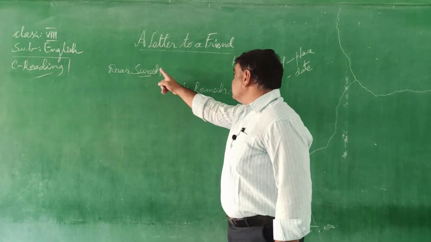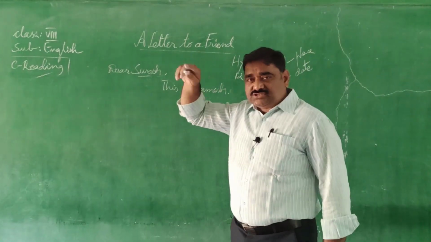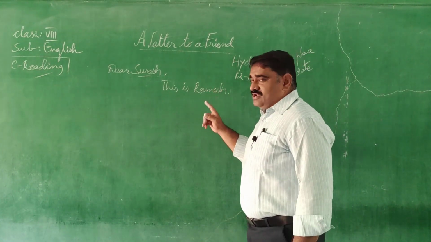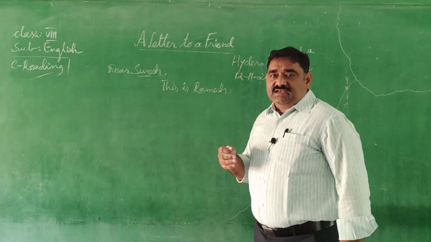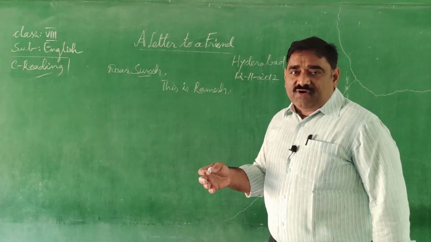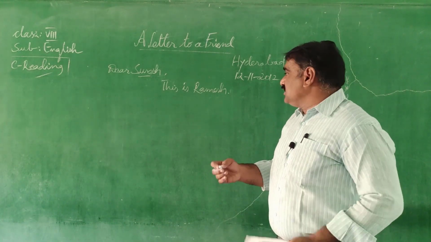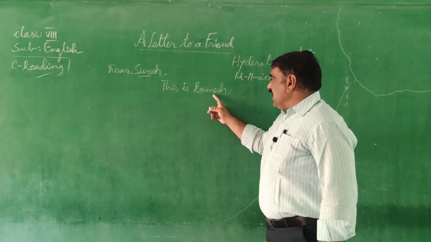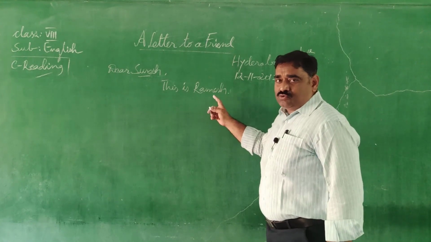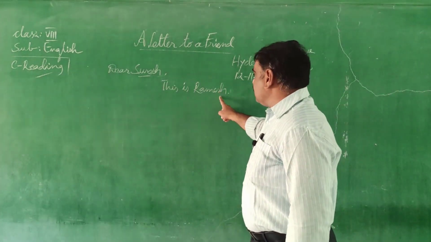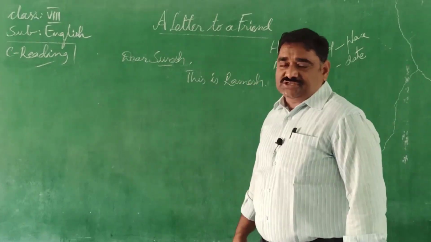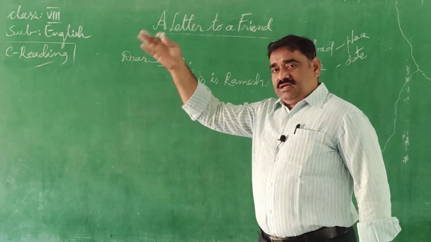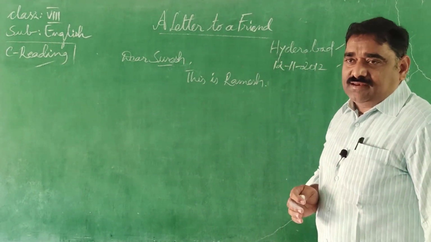Suresh visited Hyderabad last week, but unfortunately, its opposite word is fortunately, Ramesh had a meeting, an urgent work in his office. He was not able to meet his friend Suresh. Suresh left for his place again.